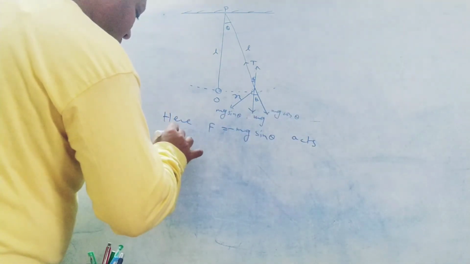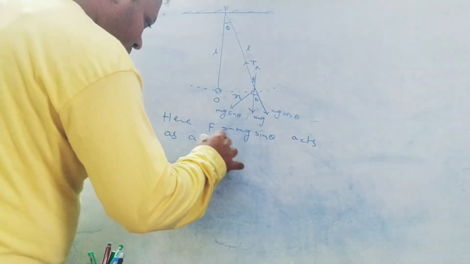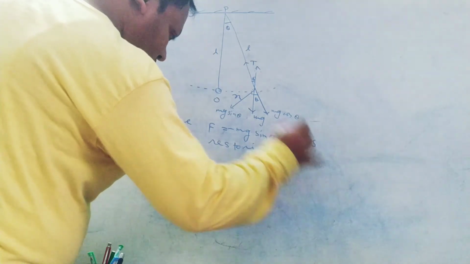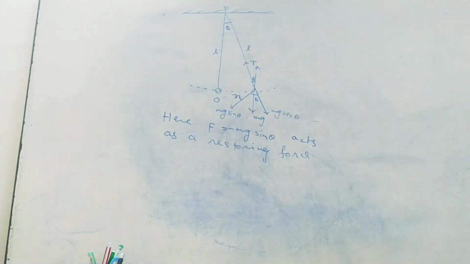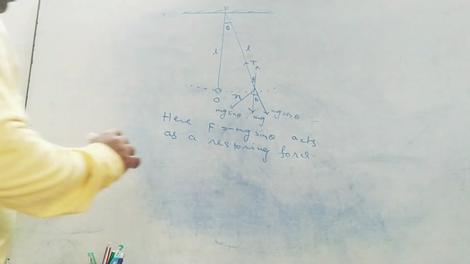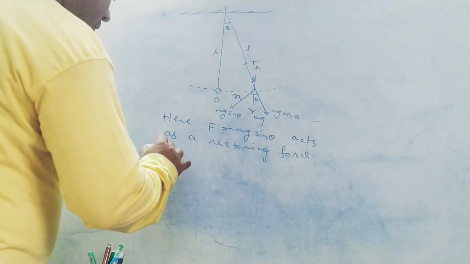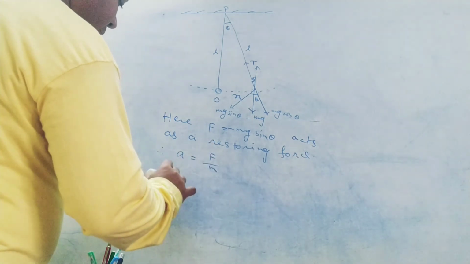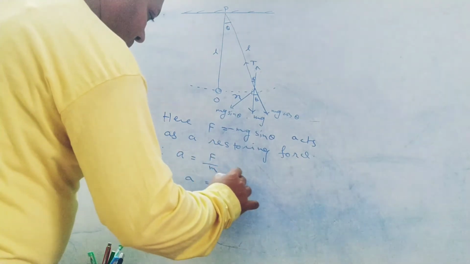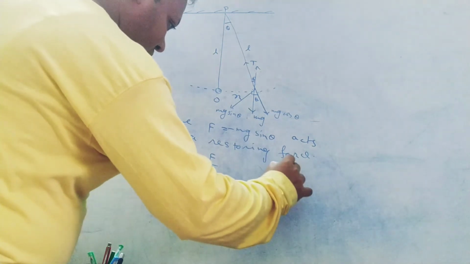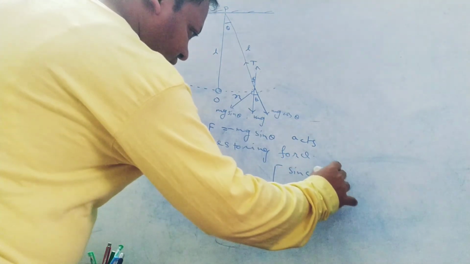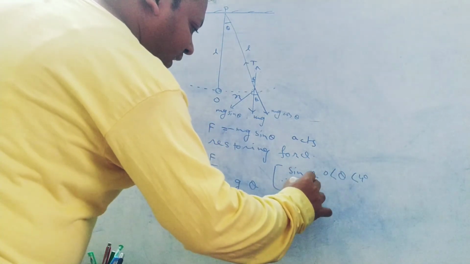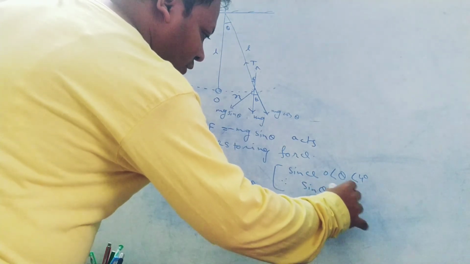The minus sign is introduced for the restoring force. Therefore acceleration a is equal to F by m, which is equal to minus g theta, since theta is very small, less than 4 degrees, so sin theta is approximately equal to theta.